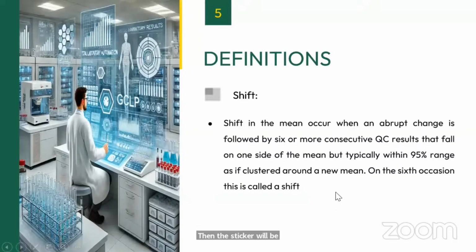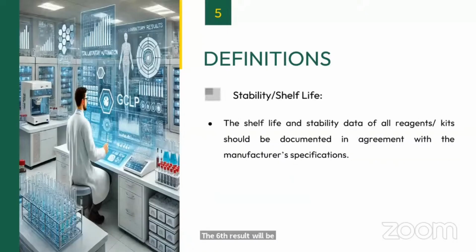This 6th result will be considered as a change in the mean. So whenever 6 or more consecutive QC results fall only on one side, the 6th result will be called as shifted from the mean.